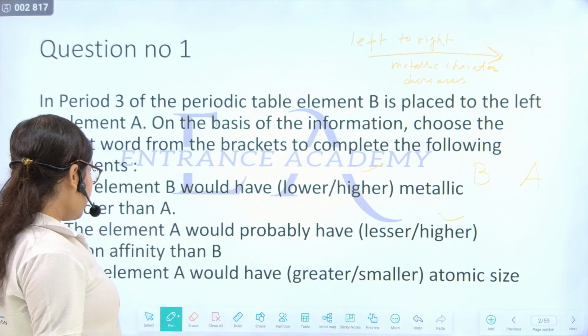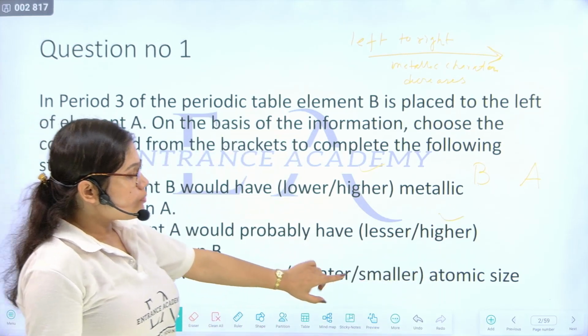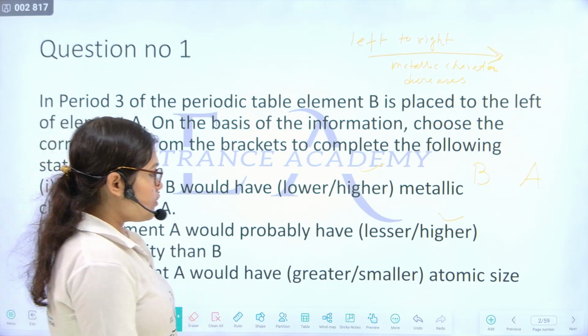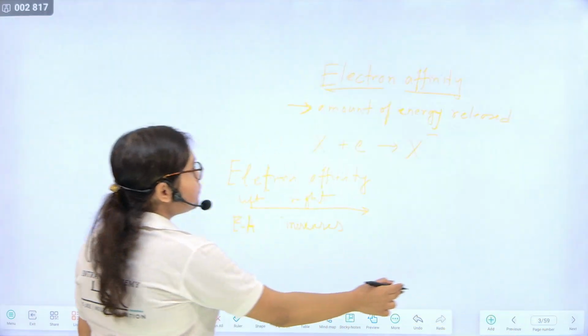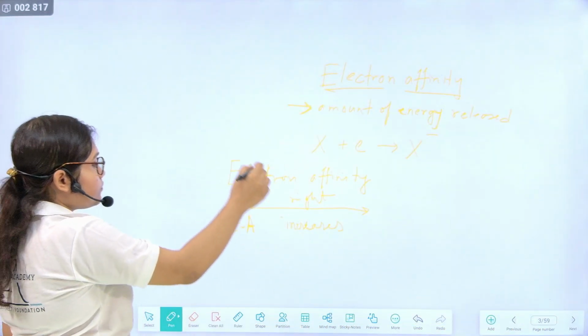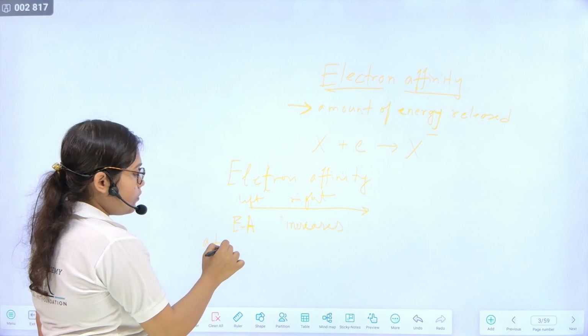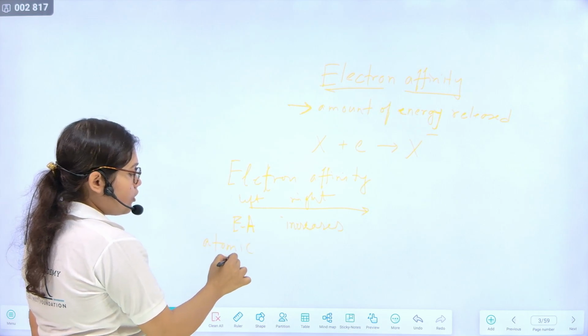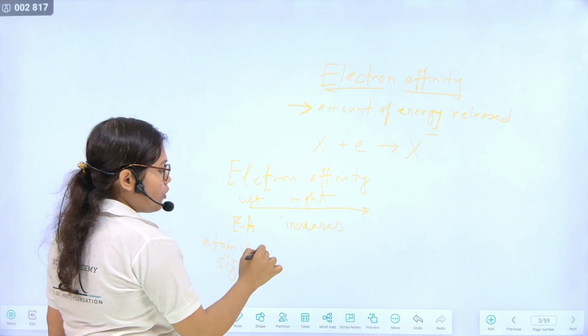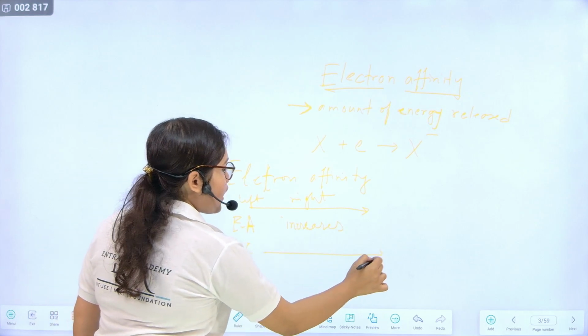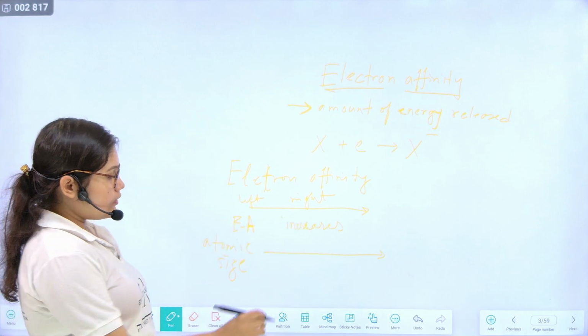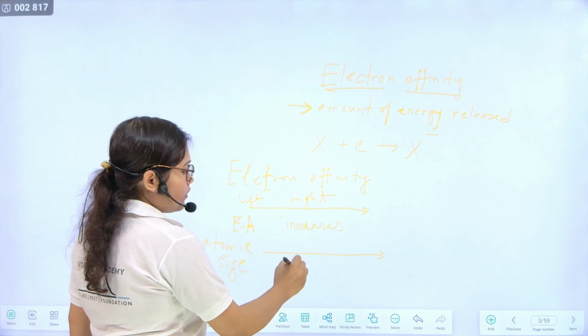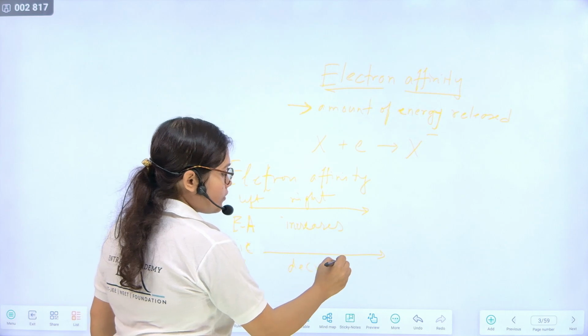Third one: the element A would have greater or smaller atomic size than B. So you need to know the trend of atomic size. Across a period from left to right, atomic size decreases.